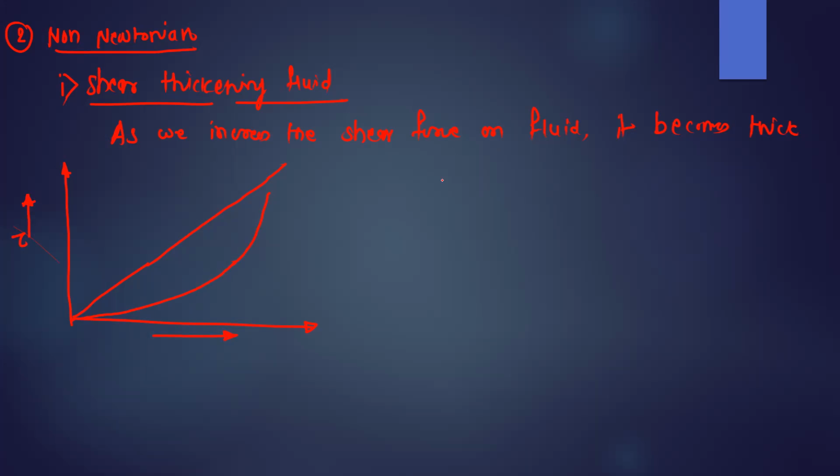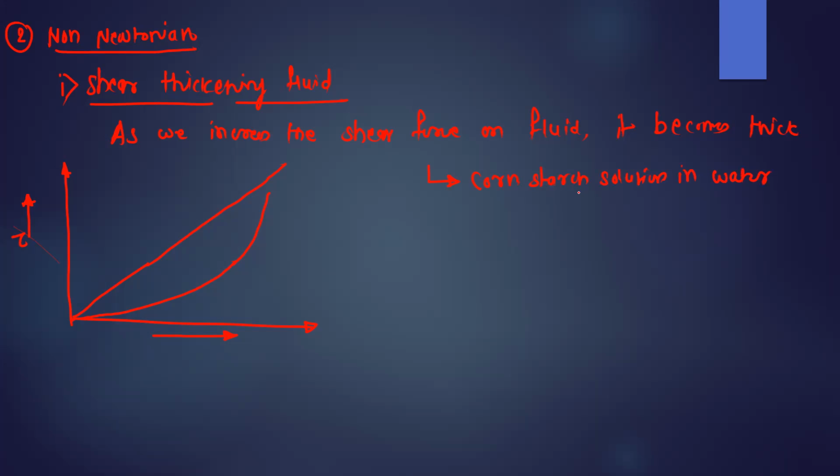So in these shear thickening fluids, we have examples such as the cornstarch solution in water.